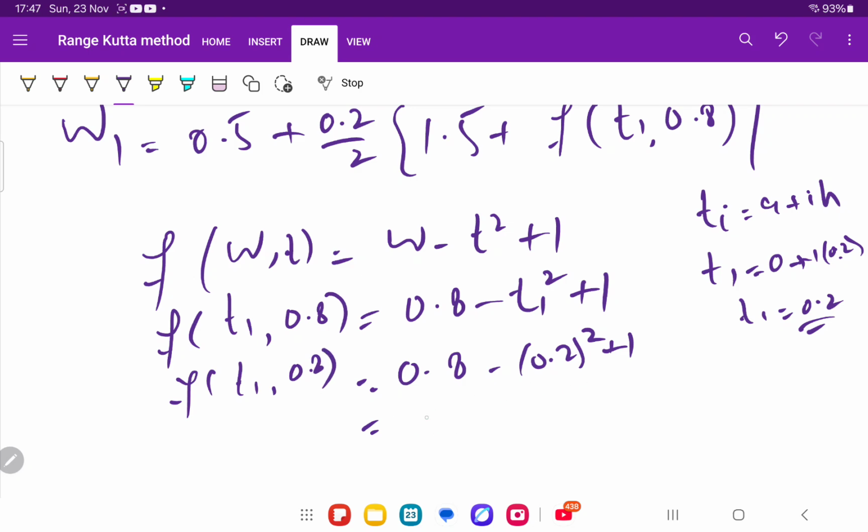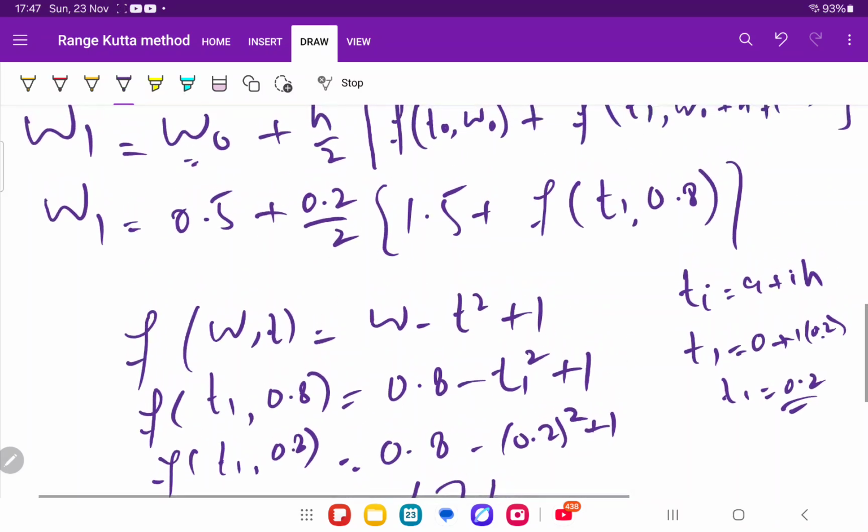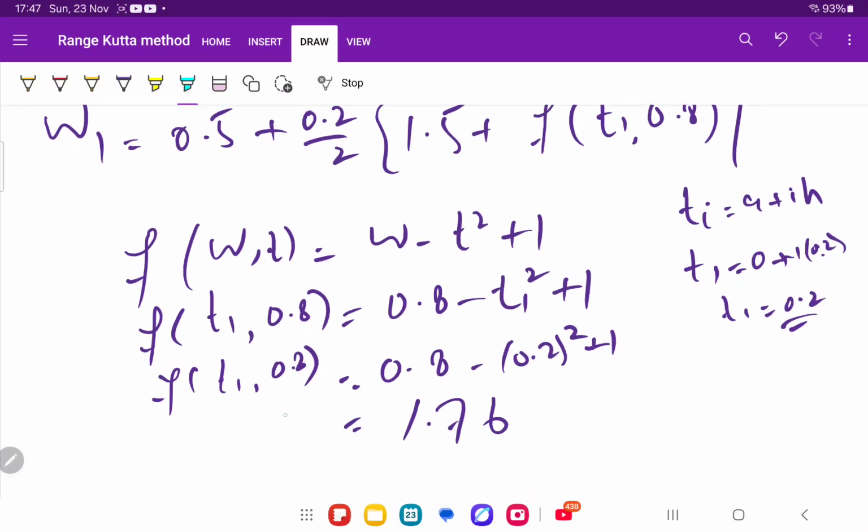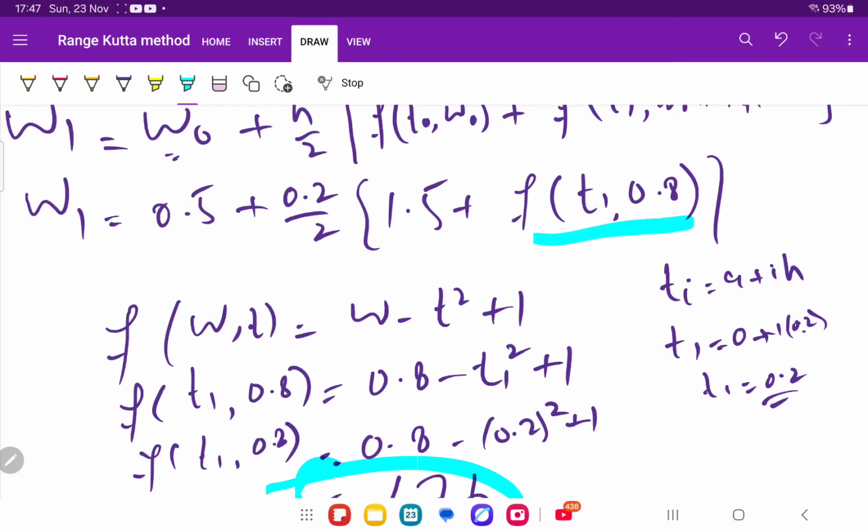So 0.8 minus 0.04 plus 1, altogether 1.76. This is the value that will be used here.